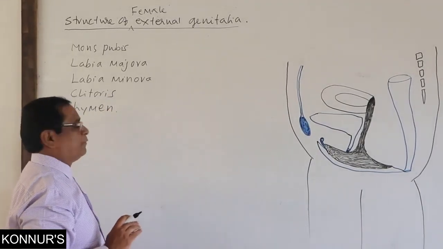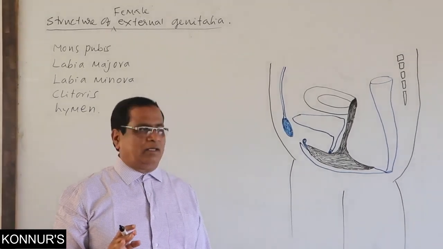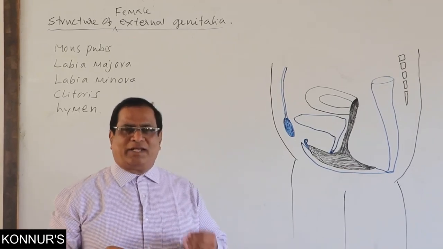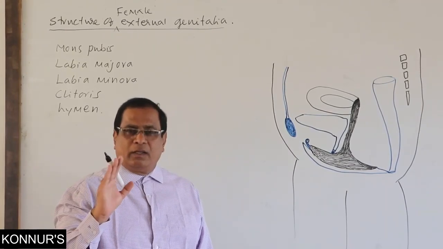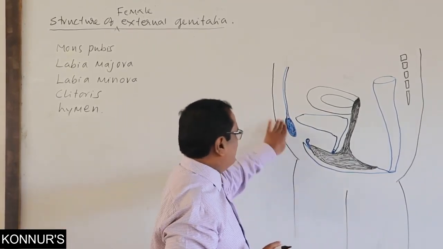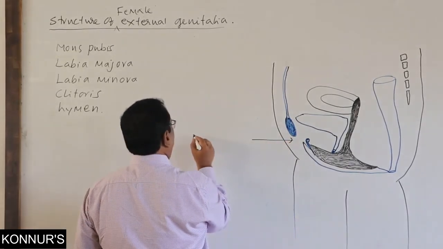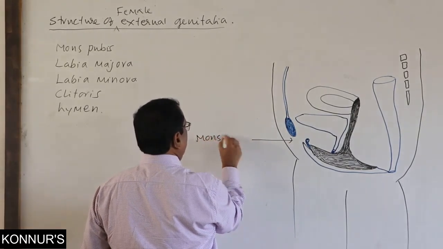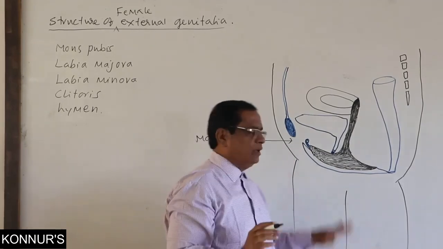First one, mons pubis. Mons pubis is a cushion of fatty tissue which is covered by skin and pubic hair. What is mons pubis?